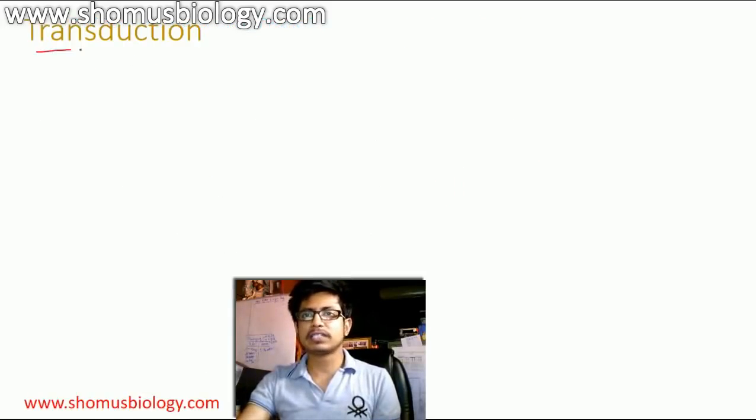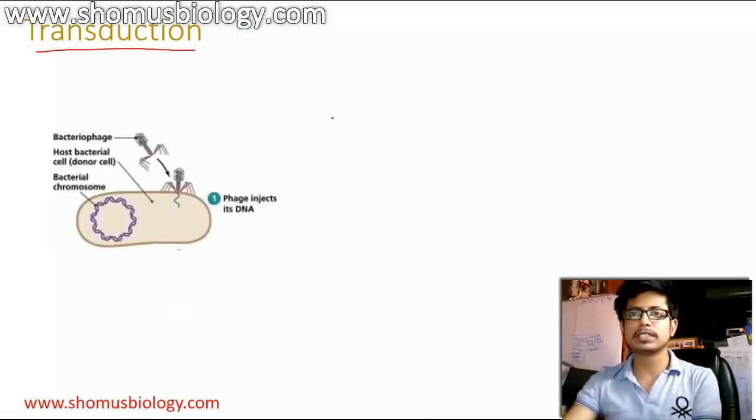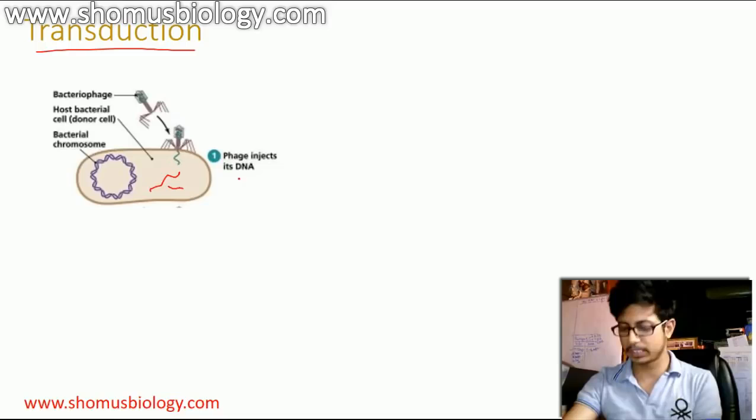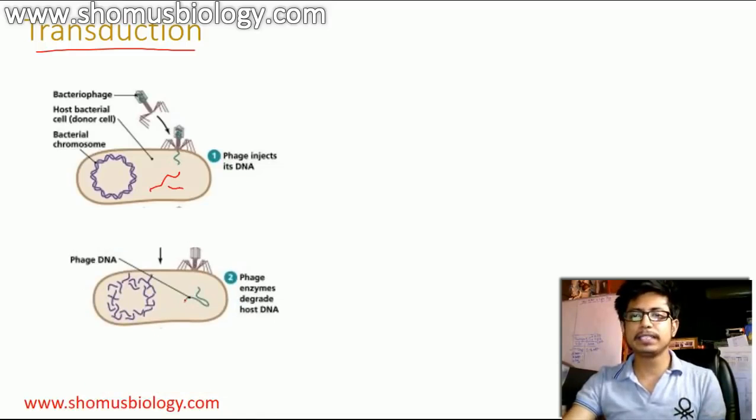The last one is transduction, and if we look at the process in detail, here we go. In the donor bacterium where a bacteriophage infects, the normal process of bacteriophage entry is the injection of the phage genome inside the host bacterium. Then the host bacterium's DNA is degraded by the phage.